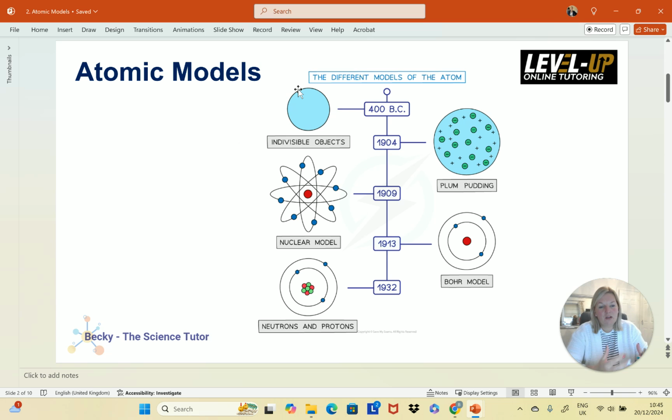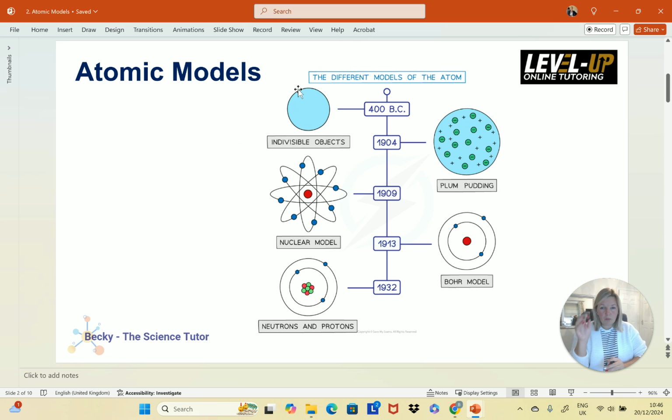Okay, and then over time scientists did various experiments, and when we learn something new, sometimes we have to change our models, we have to change our theories. What happened between 400 BC and 1904 is that the electron was discovered. So we had to change our theories.